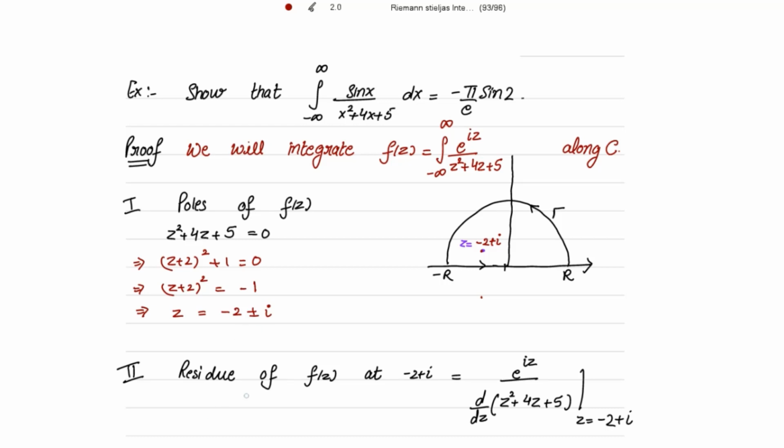Then calculating the residue of f(z) at minus 2 plus iota, the formula is e to the power iota z, numerator as it is, and in the denominator we take the derivative of the denominator with respect to z at z equal to negative 2 plus iota. The derivative will be 2z plus 4, and then put the value of z.